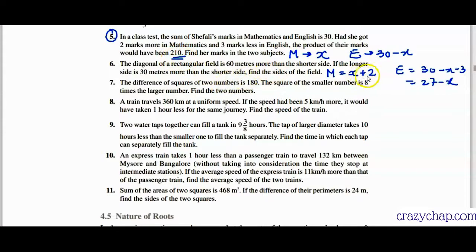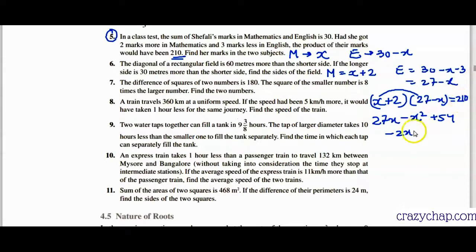Okay, so we'll multiply these two numbers. So x plus 2 times 27 minus x, the product should be equal to 210. We'll solve that. Basic multiplication. So 27x minus x square plus 54 minus 2x.